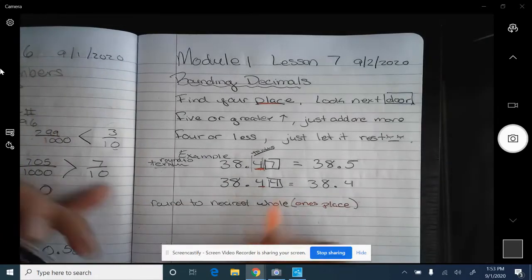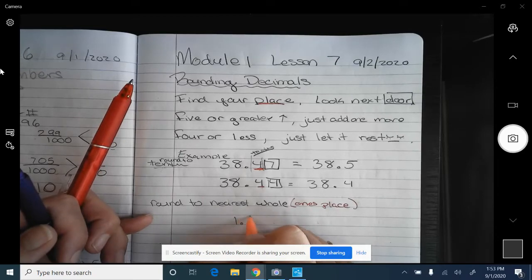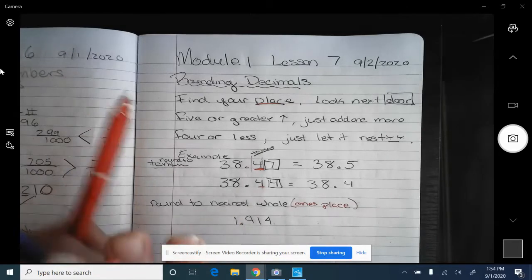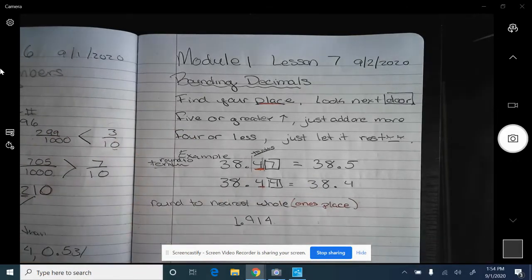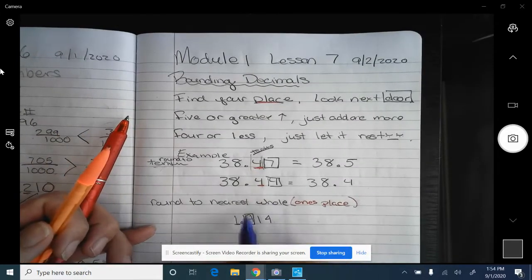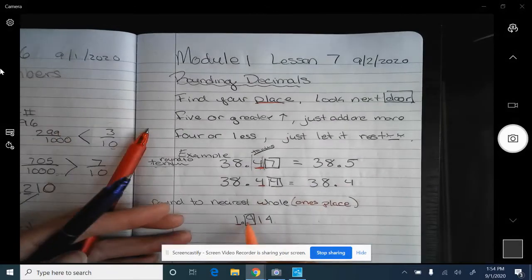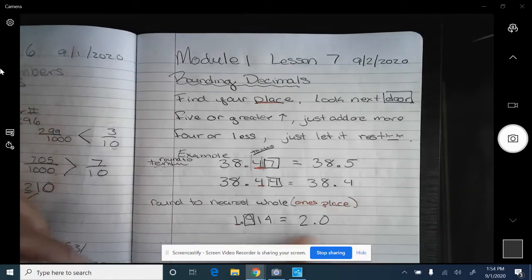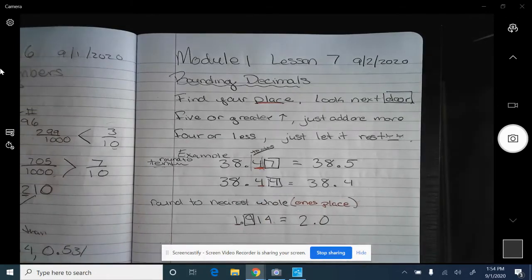So if I had something like 1.914, and I had to round it to the nearest whole, I find my place, look next door, 5 or greater, add one more. I'm not adding one more to the 9, I'm adding one more to the place that I'm looking at. So my answer becomes 2 or 2.0. That's rounding to the nearest whole, because whole means ones place.